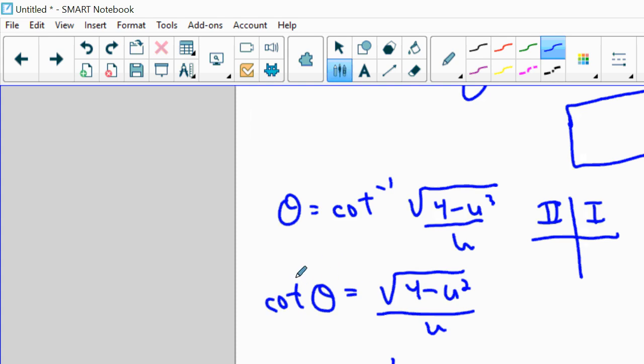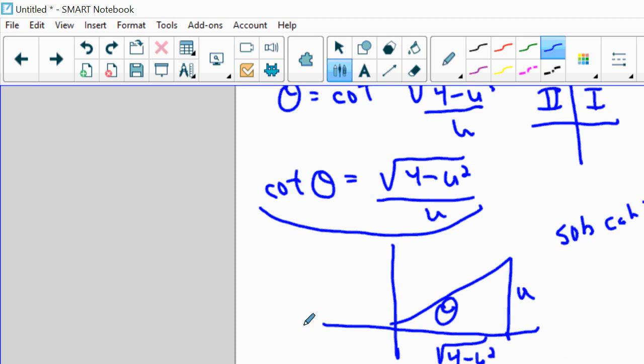And you draw yourself an angle, and you say cotangent. And you go, so ka toa. So you go ka o, adjacent over opposite. So square root of 4 minus u squared over u. Square the u, square the square root, and this is 2.